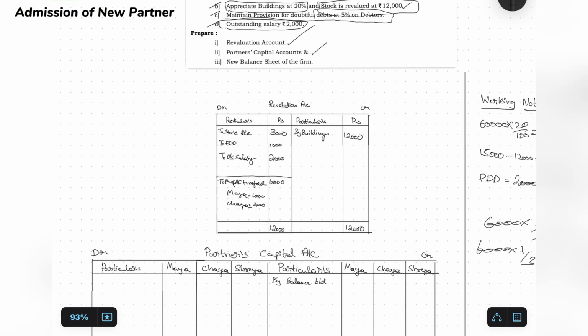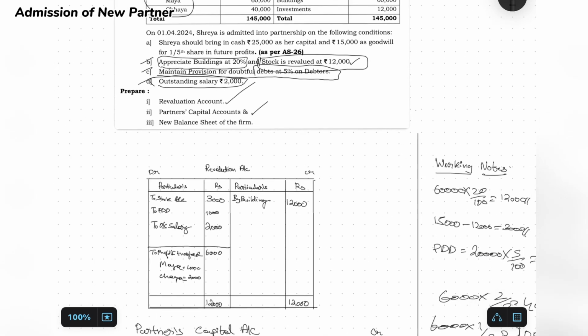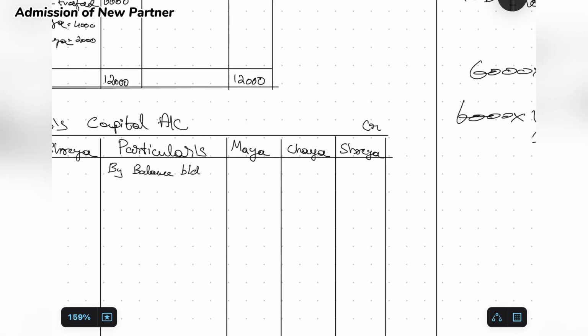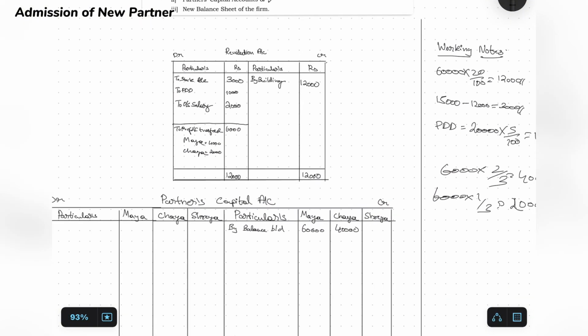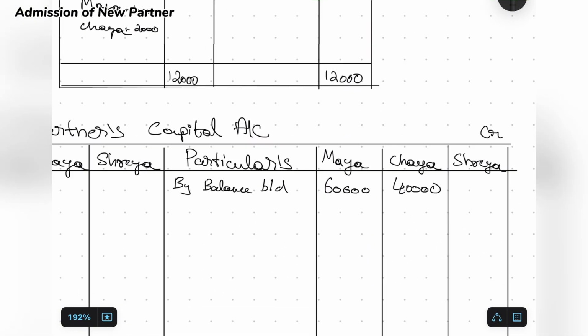Maya's capital was 60,000 and Chaya's capital was 40,000.